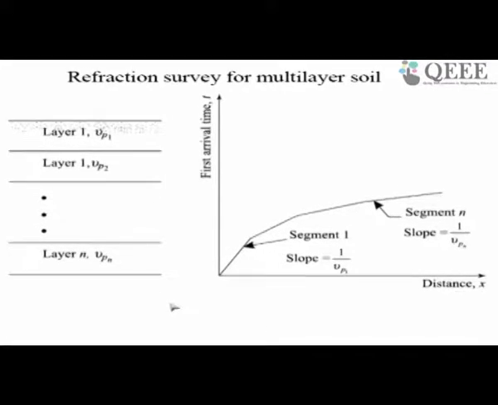Now as you can see here, you have different layers, VP1, VP2 and VPN, and you will get different slopes corresponding to different layers. The same way, as you can see here, you have arrival time and you have different XC1, XC2 and XC3 corresponding to different layers, and from there you can find out the various thicknesses.